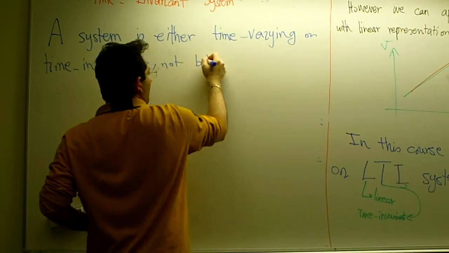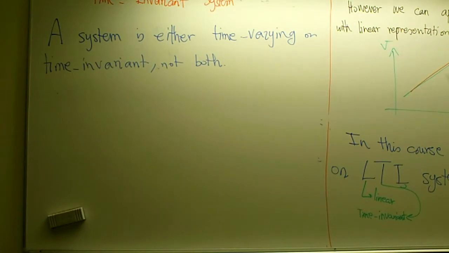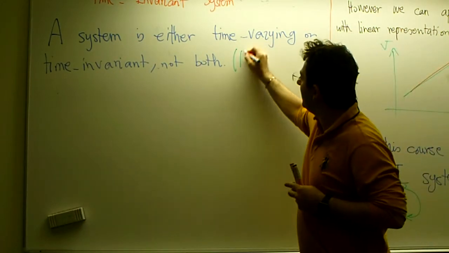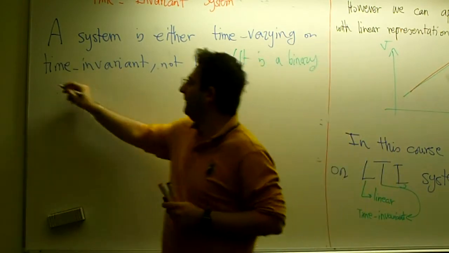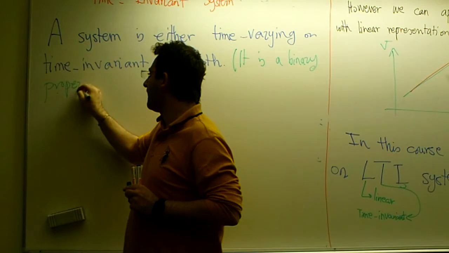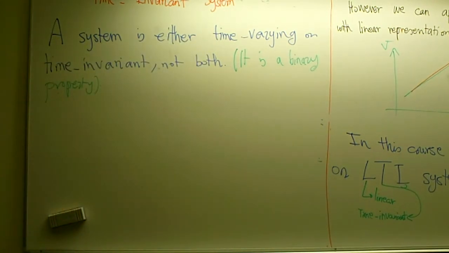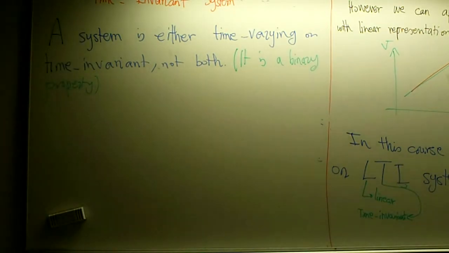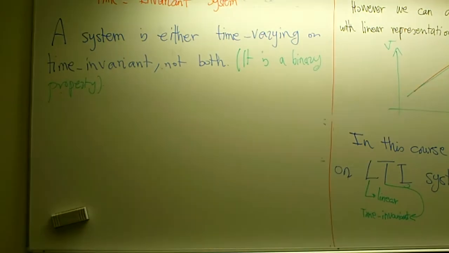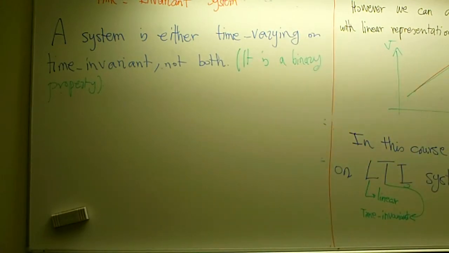Not both. This means that it is a binary property, like a switch. Either it is off or it is on. It cannot be on and off at the same time, or it cannot be none of them. Right? So time invariance is a binary property that we have.